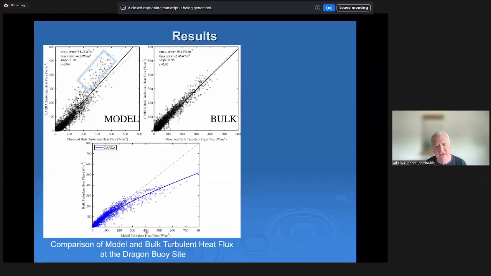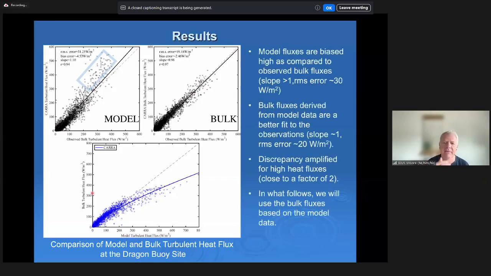And you can see that also here, where I now plot the model versus the bulk fluxes. And of course, this line is the one-to-one line. If the two agree, they'd line right along here. And you can see that for low heat fluxes, they do agree. But again, for higher heat fluxes, there's this nonlinear fit where the model is generating much higher fluxes than you get from the bulk, okay?